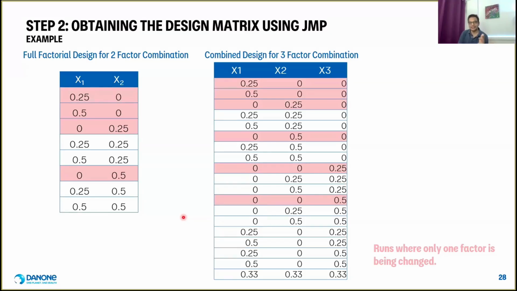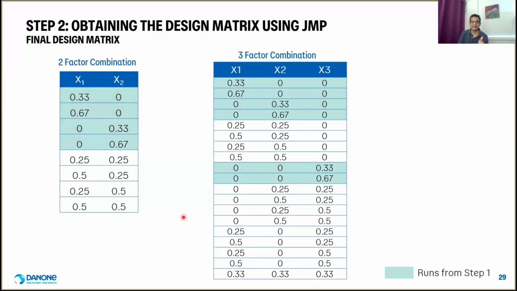So instead of performing these runs again, we just augmented that data here. That means in step 2, we only need to perform the runs for these particular ingredients where either 2 or 3 ingredients are being changed.